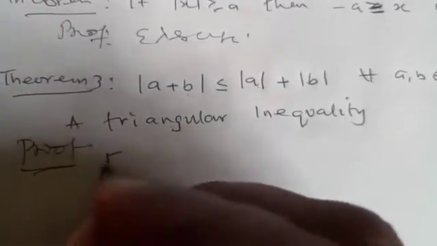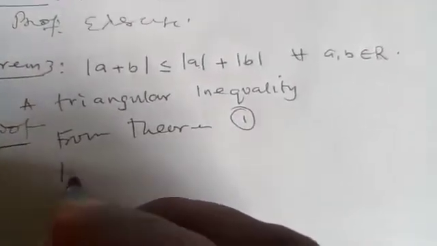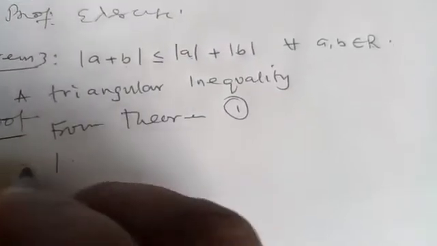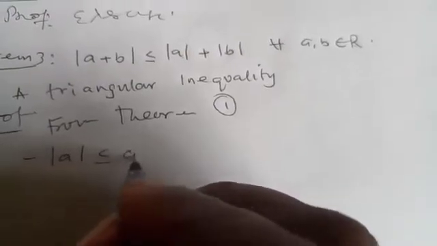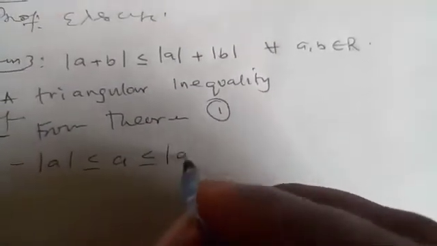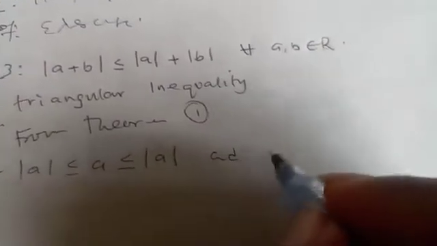Now if I want to prove it, let's recall from theorem 1. From theorem 1, we say that minus the absolute value of a is less than or equal to a, which is less than or equal to the absolute value of a. The same thing applies to b, so I can write it like this too.